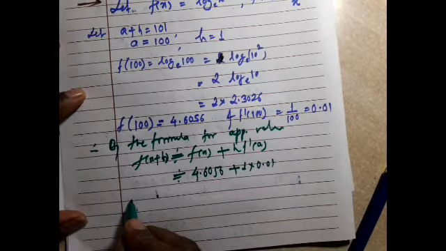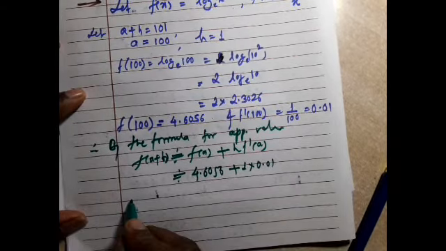So you know that if you remember, log a to the base b is log a to the base c upon log b to the base c. So this is nothing but log e to the base 10 into log x, by this rule.